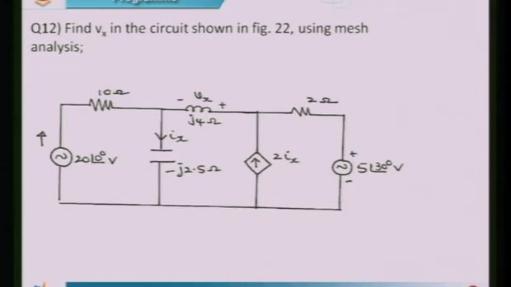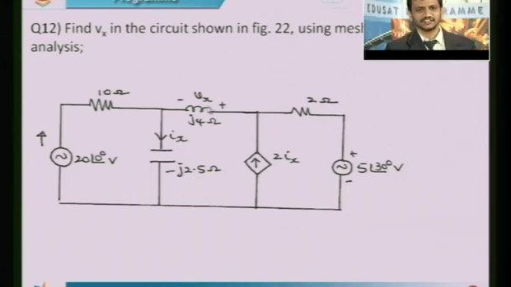Okay, the same problem. So, find Vx. This is the Vx which we need to find using mesh analysis, and this is the AC circuit. You can observe these are the AC sources, and there is a reactive element here as well as here. So, our objective is to find Vx using the mesh analysis.